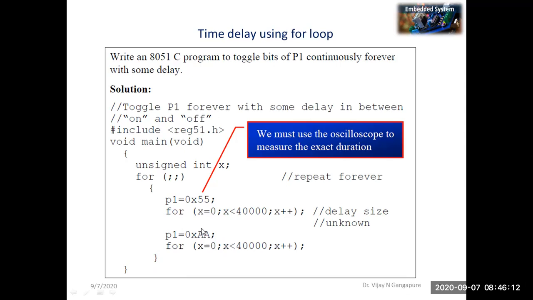So first I am outputting 55 to port 1, then generating some delay using the for statement, then outputting AA to port 1, and again generating some delay using the for loop, and that keeps repeating infinitely. I am continuously toggling data in port 1 with some delay in between, and that is what is asked in this program. In this way I can generate time delay by using a for loop.